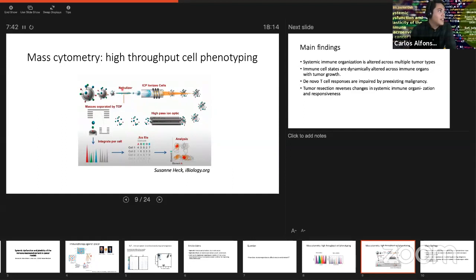These modified antibodies will then be passed through like a single drop, and these drops will be ionized. The ionization will generate what are called ion clouds, and these ion clouds will then be filtered to remove impurities, and the metal ions conjugated to the antibodies will then be quantified by mass spectrometry.